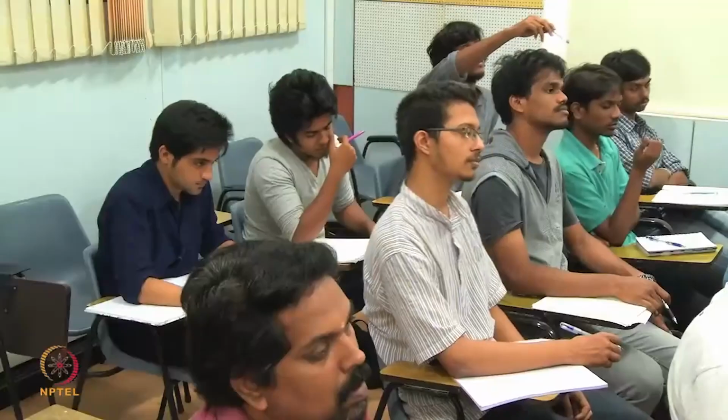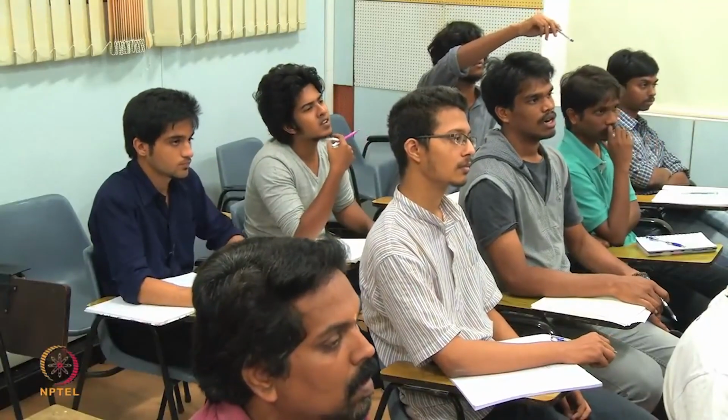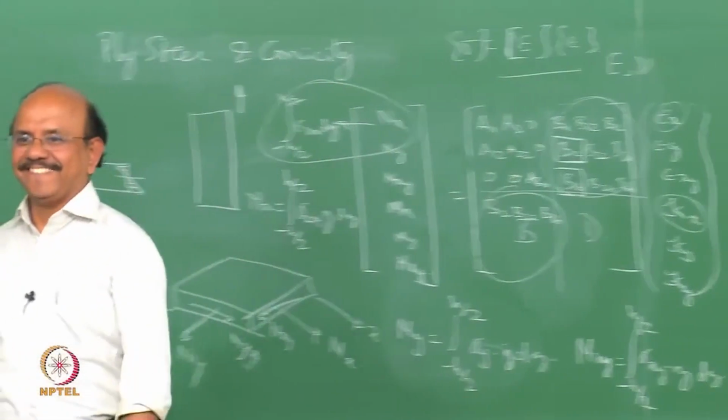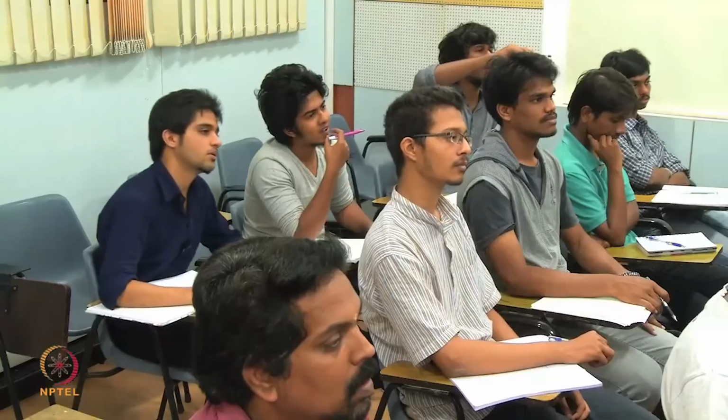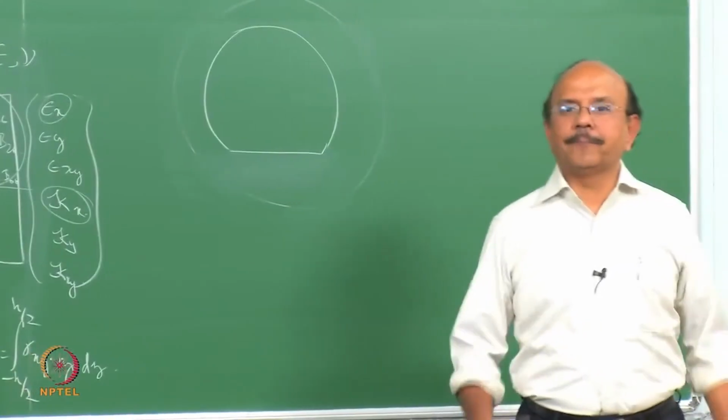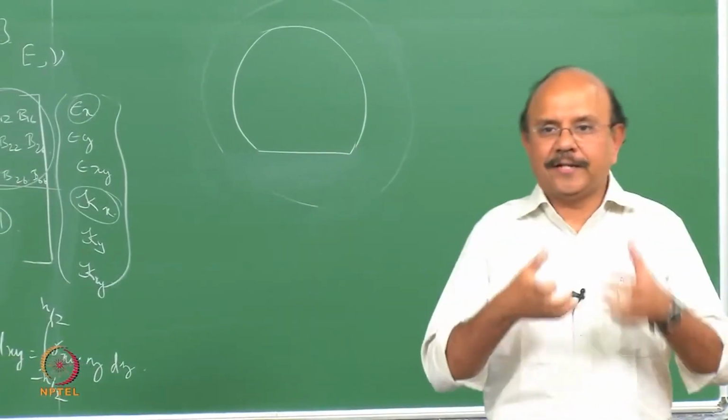So why are some terms of the A matrix 0? Why is that 0? There is no coupling between those elements. Of course. Why? Because there is no coupling term between the shear and the longitudinal force. Poisson's effect is only x to y direction.